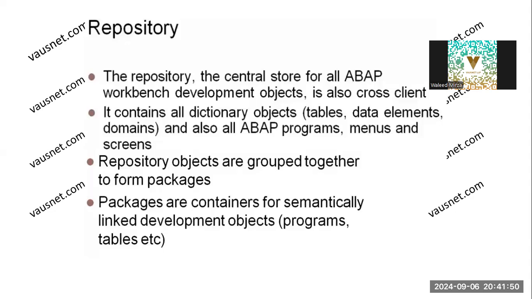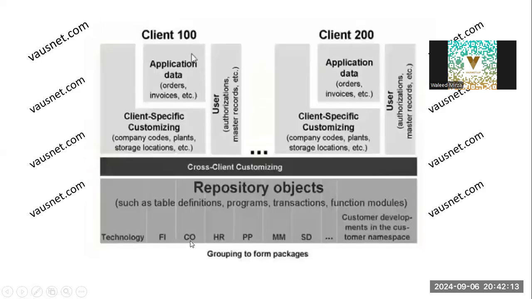By client, I again mean the server. Okay. Packages are containers for semantically linked development objects. So what is semantically? Semantically means logically linked. It can be linked through integration or through logical connection relationships like tables and programs and data. Okay. And programs or tables are part of this.